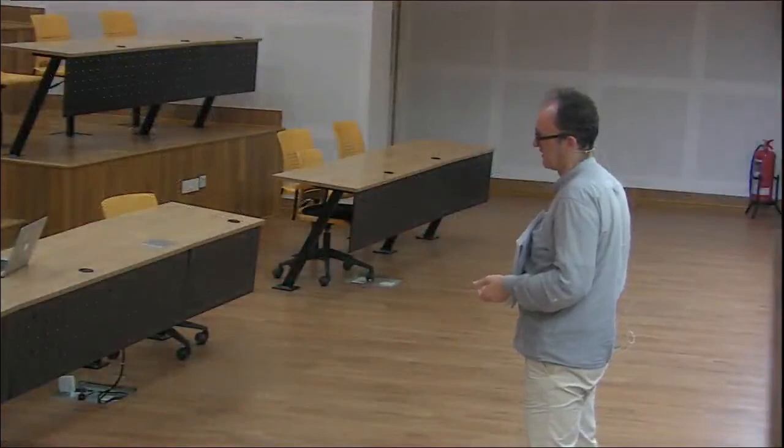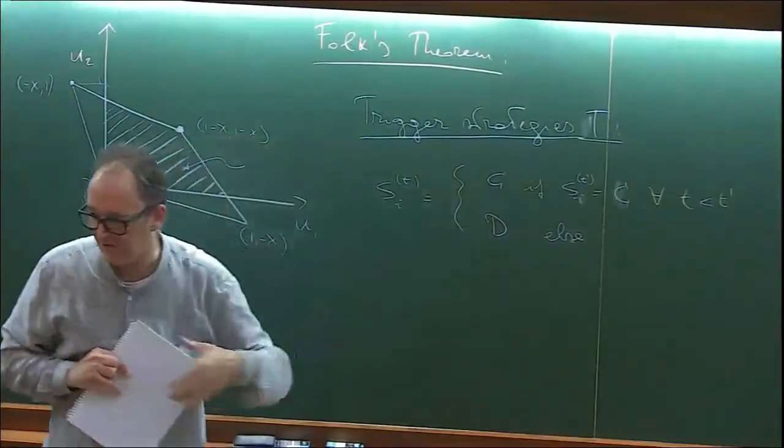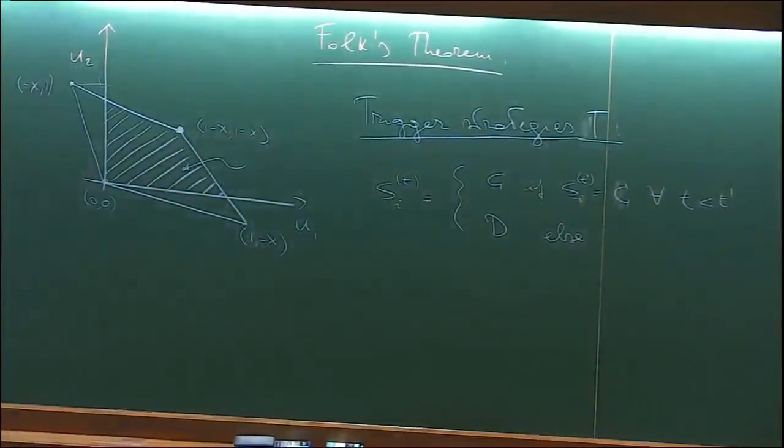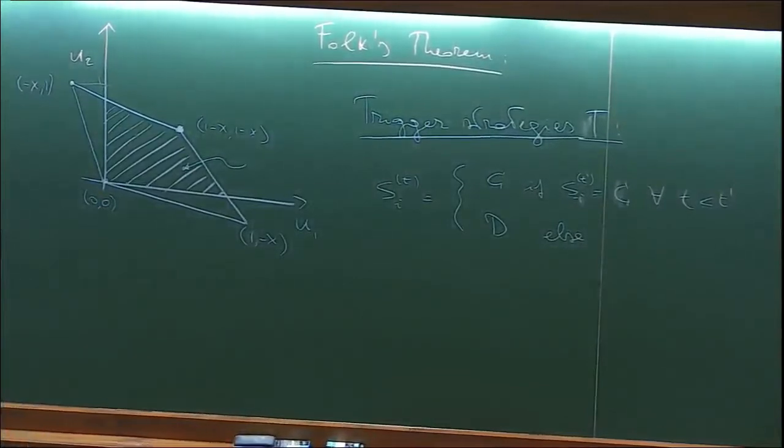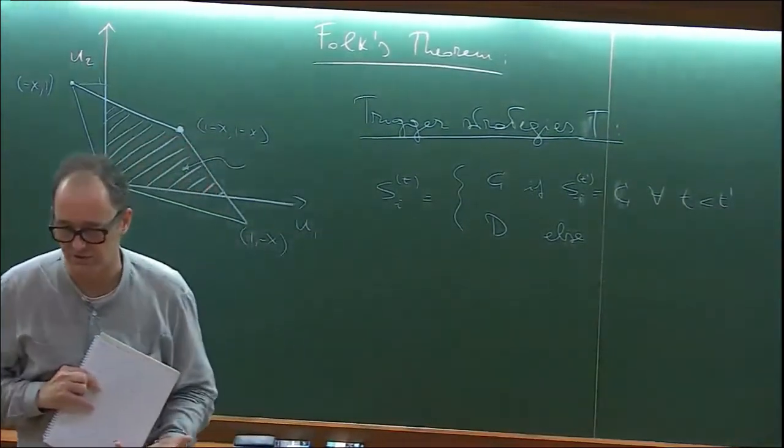So you see, in this strategy there is a threat. Player 1 is threatening player 2 to defect forever if he defects. And what player 2 has to check is whether this threat is credible or not. Okay?